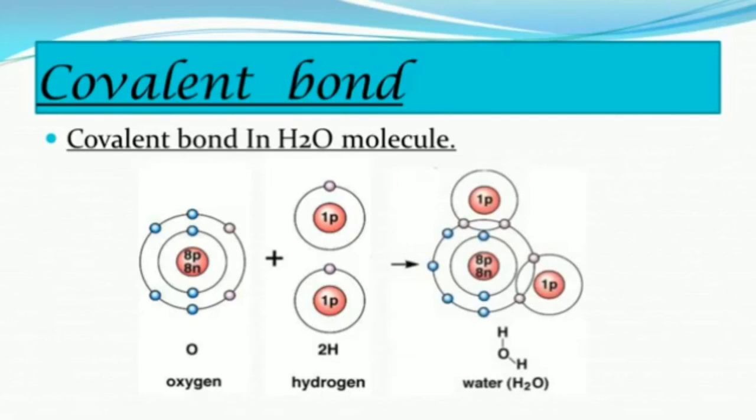While this happens, the duplets of the two hydrogen atoms are also completed. It means when oxygen shares its outermost shell with the hydrogen atoms, together by sharing of electrons, they form a molecule, that is the water molecule.